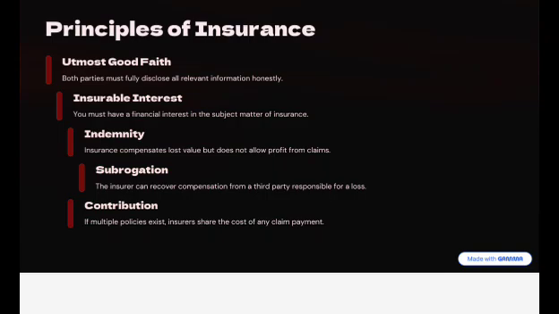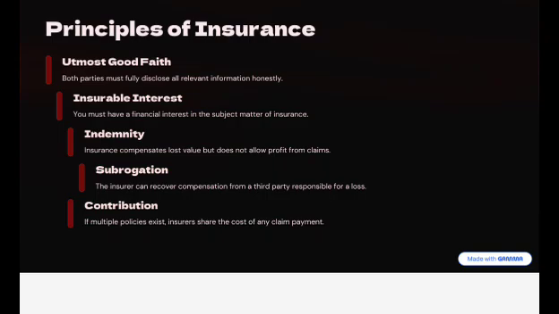Under utmost good faith, all material facts, including age, health condition, previous claims, and existing policies, must be fully disclosed. For example, if a trader wants to insure a shop in Alaba market, he must disclose that he stores flammable materials, as this affects the risk assessment. Failing to disclose such information could make the insurance contract null and void.